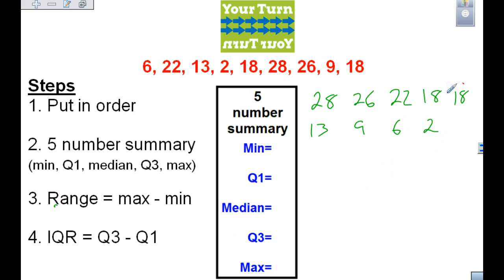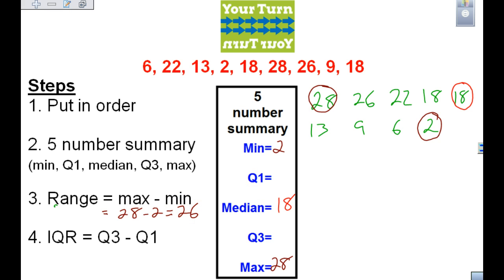So median 18. We won't use this because it's 4 before and 4 after. My min and my max, 28, 2. Let's see here. Range, 28 minus 2 is 26.